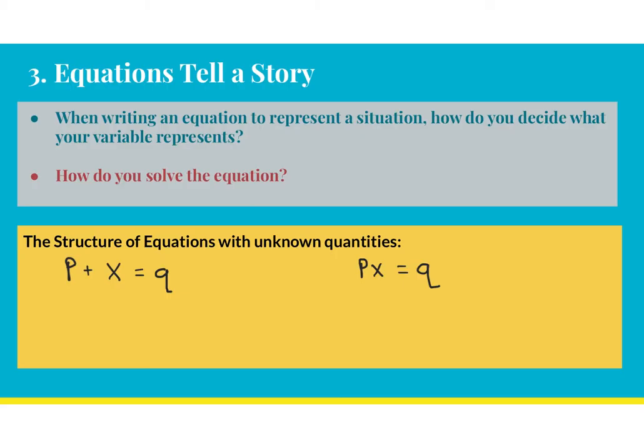Anytime we're writing equations, even if it's not attached to a specific story problem, our equations are still always going to be telling a story. But when we are specifically writing equations to represent a situation, we need to be thinking about what our variable represents. Our variable is always going to be the unknown element.